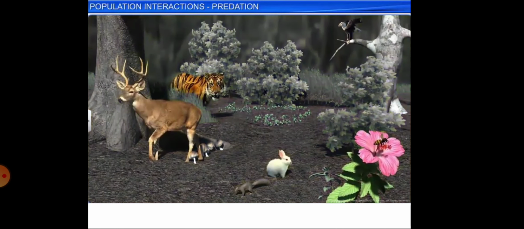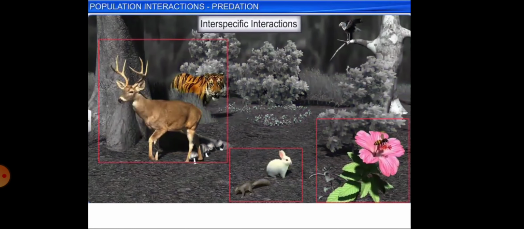When populations of two different species interact, it leads to interspecific interactions. Such interactions may benefit, harm, or have a neutral effect on one or both species.